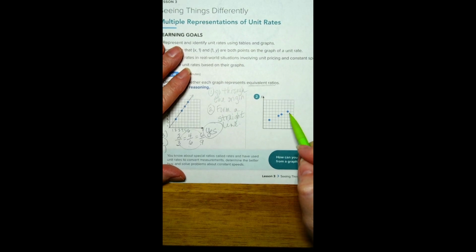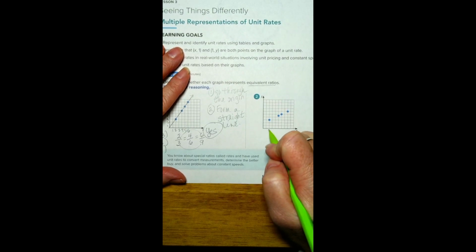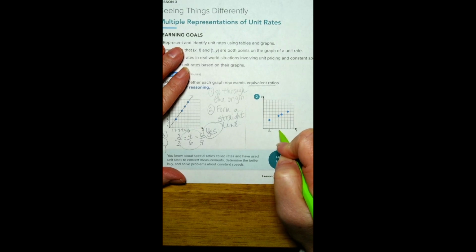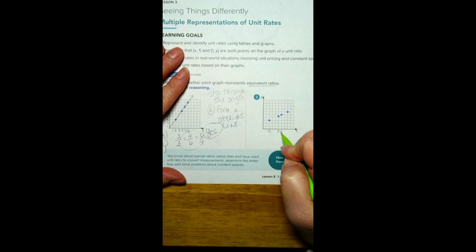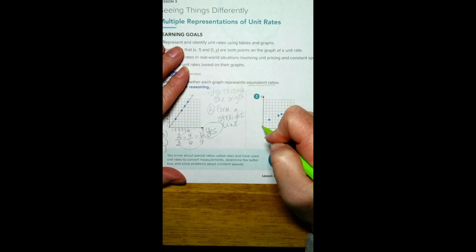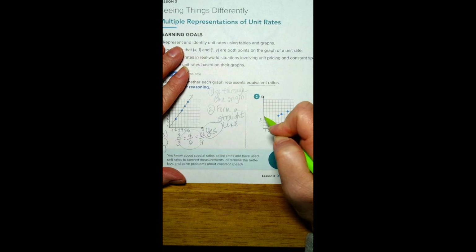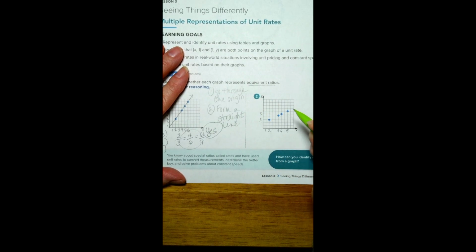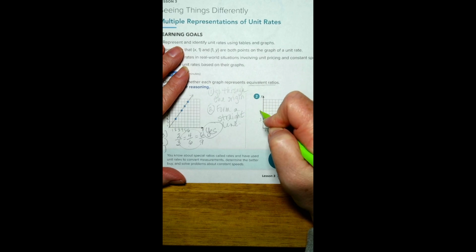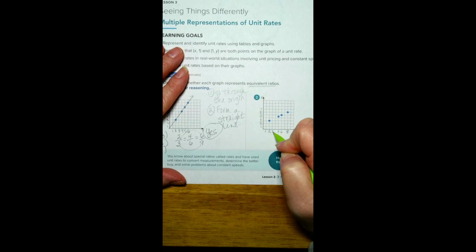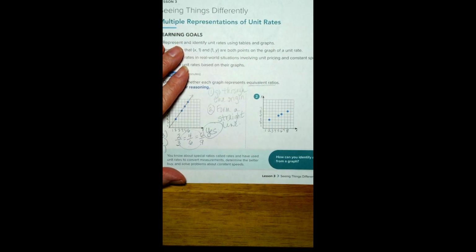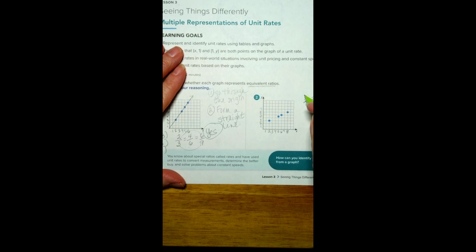Okay, so what about this one? It's 2, 3, 4, 5, 6, 7, 8. They are so small. 1, 2, 3, 4, 5, 6, 7. Okay. Fill those in there. So if we looked at it in this way first, this would be ordered pair 2, 3.